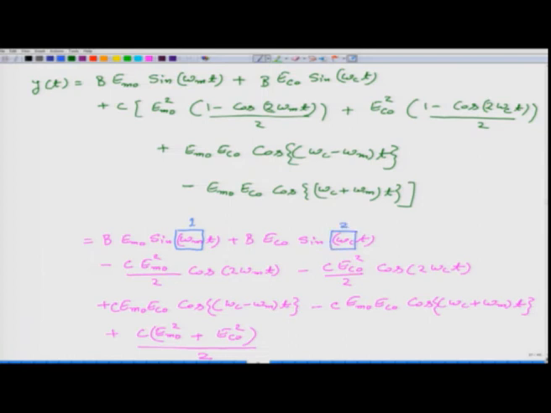Frequency number 3 is 2 omega m, that is our third frequency. Frequency number 4 is 2 omega c, that is our frequency number 4. Frequency number 5 is omega c minus omega m, and frequency number 6 is omega c plus omega m. And this is DC part. This is DC part.